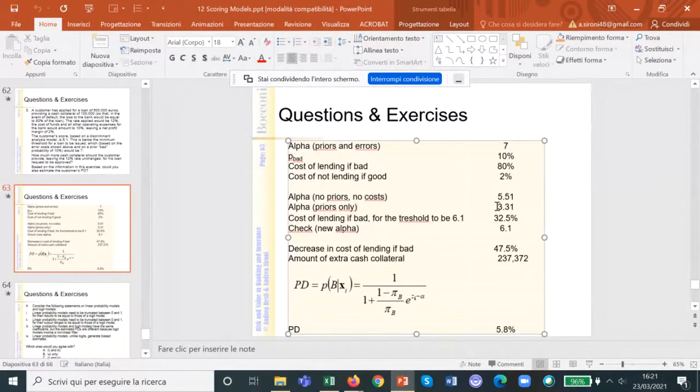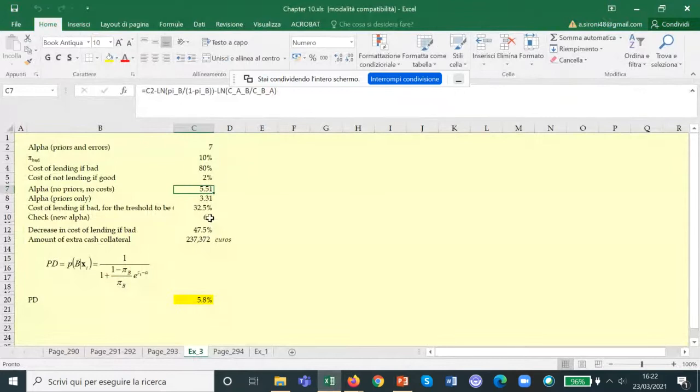And then what you do, you actually look at what should be the cost of lending if bad. So that first type of error has a cost of 80%. If we want the threshold to be equal to the score of our company, which is 6.1, the cost of lending should be 32%.